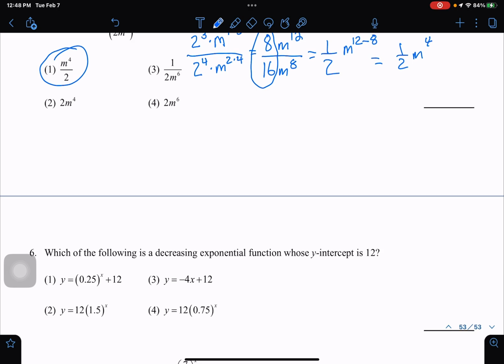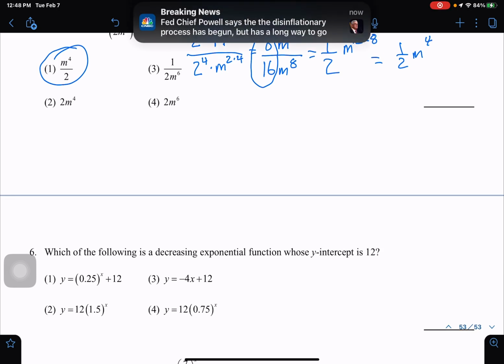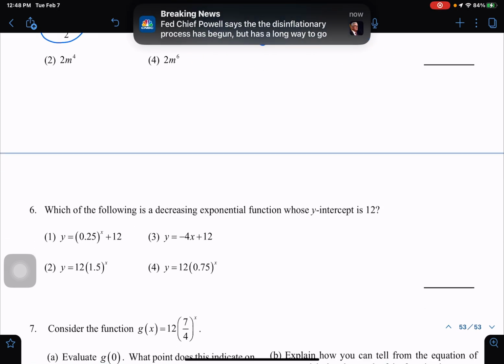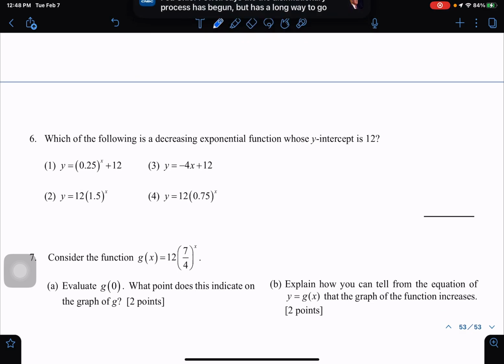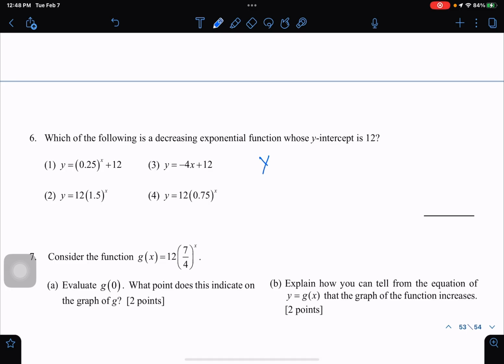All right, moving on. Number 6. Number 6 says, which of the following is a decreasing exponential whose y-intercept is equal to 12? So the general form is a times b raised to the x power. So the y-intercept is the a. So we know that we're going to have y is equal to 12 times some number raised to the x power.